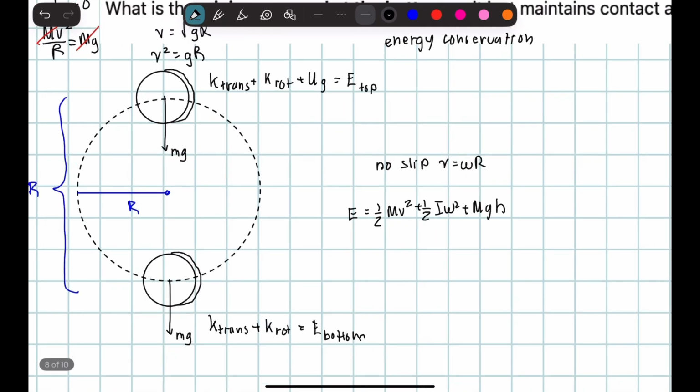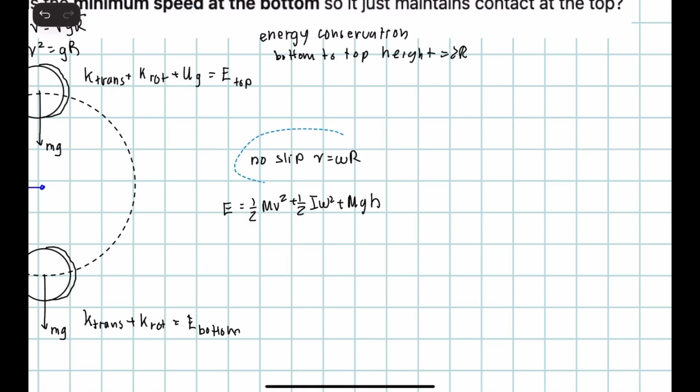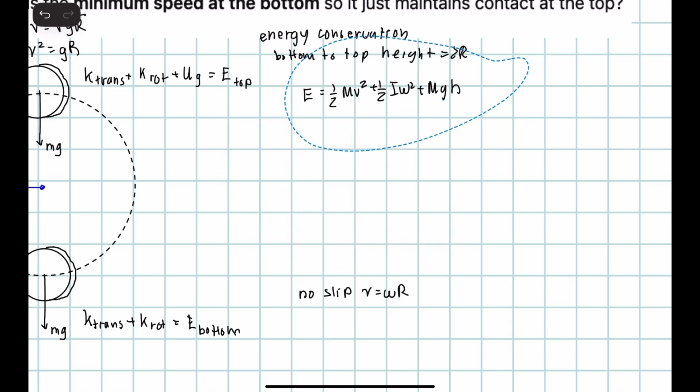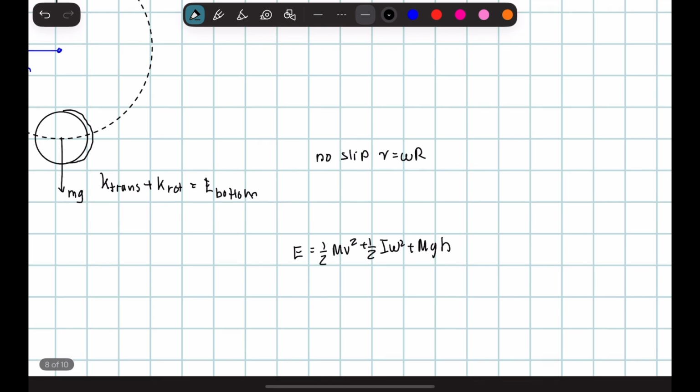Now using energy conservation, we know that the bottom to top height is equal to 2r. So this was our total energy.